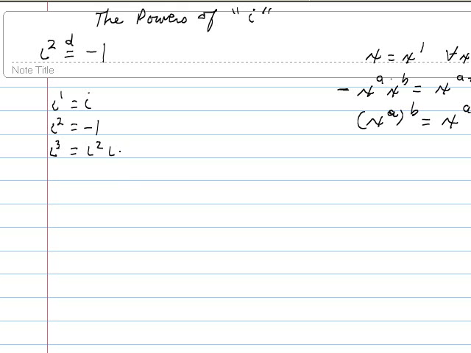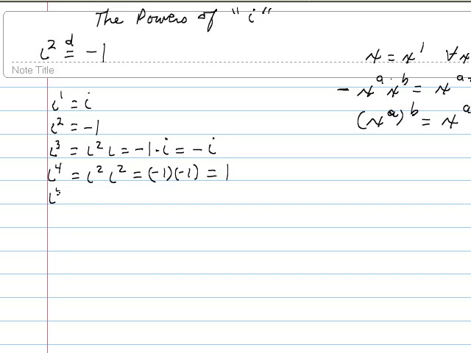Now i to the 1 is just i, so I write i squared times i, which is -1 times i, which is -i. And for i to the 4 power, again using rule 2 of exponents, we'll write i squared times i squared, which is -1 times -1, or +1.